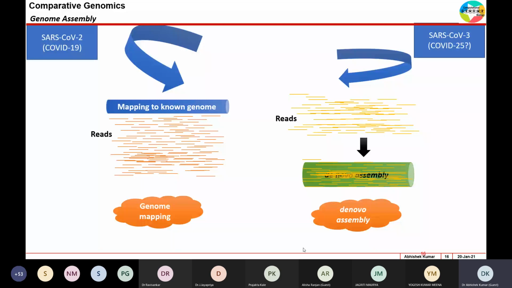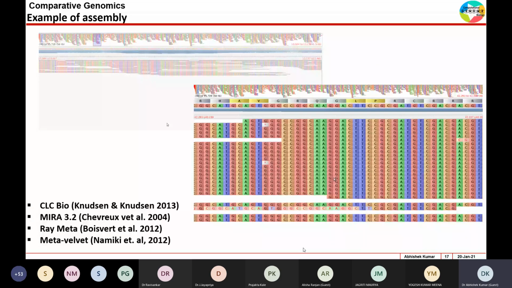And when you assemble a genome, you can visualize the assembly. You can do assembly with enormous software. Some of the easiest ones I have noted here: CLC Bio, Mira, Ray, Meta, Velvet. What you see here is, let me take the highlighter.